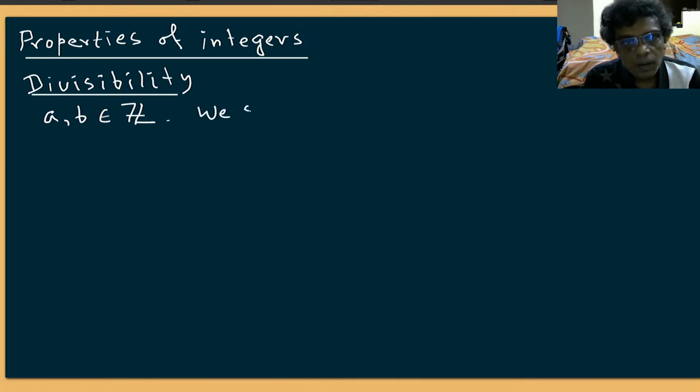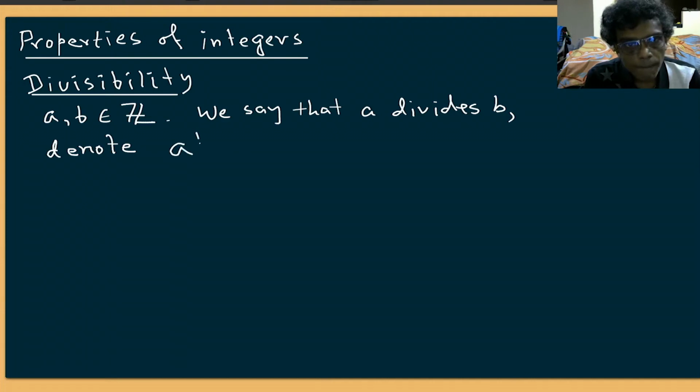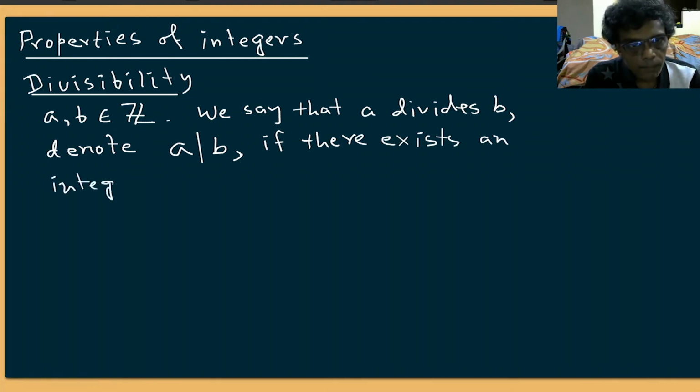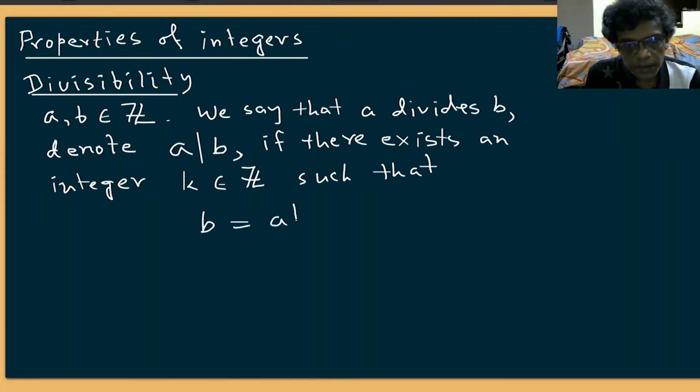We say that a divides b, and denote this as a | b, if there exists an integer, let's say k, this can be positive, negative, 0, whatever, such that b can be written as a times k.